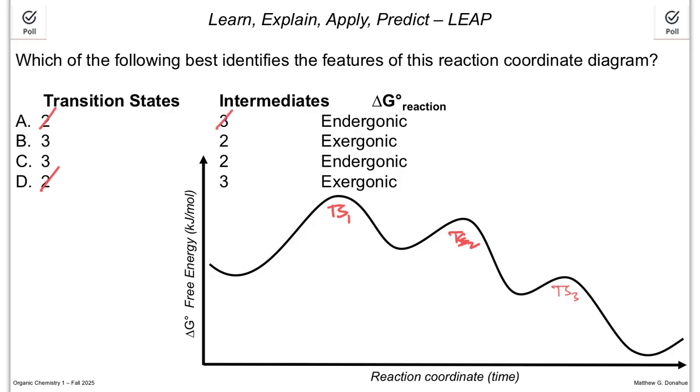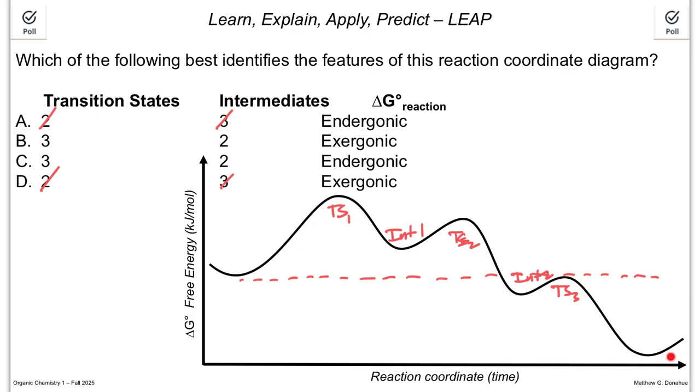So there's got to be 2. And so from where we started using this dotted line to where we end up, is that exergonic or endergonic?